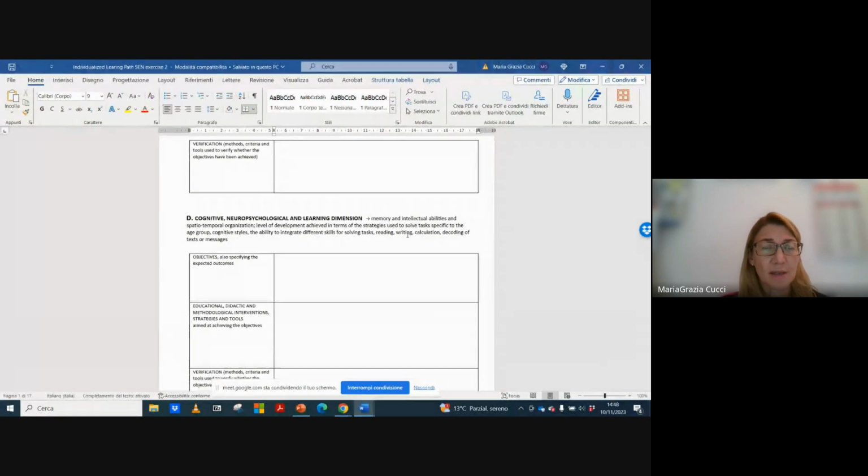So the question that we should ask ourselves is whether the lack of solving skills is due to the difficulty of understanding the task, or to the difficulty of having the correct cognitive dimension that can give the student the opportunity to solve the task.